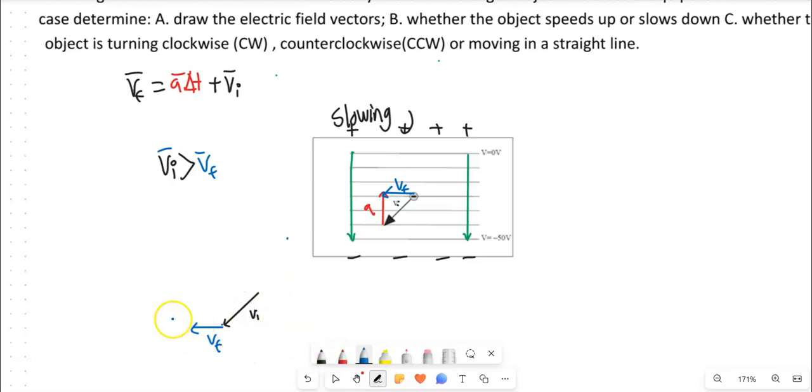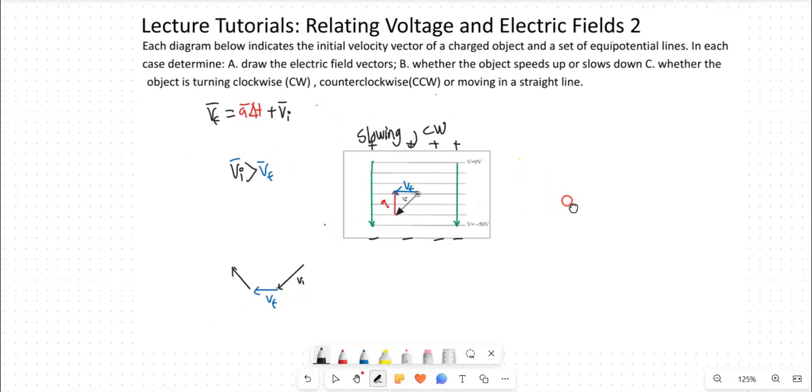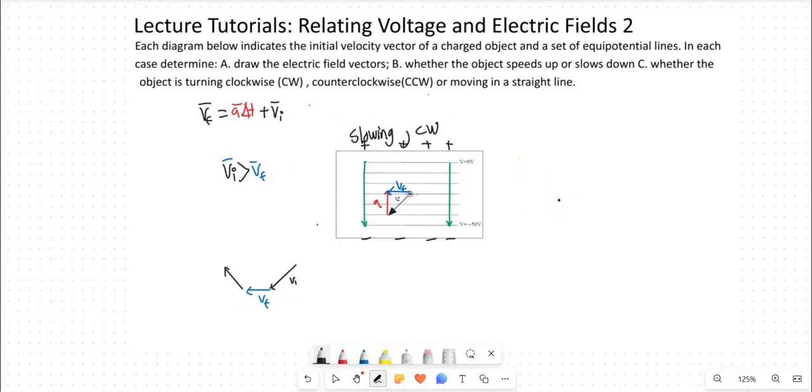And you could see that it's actually making a turning motion. I bet you later on it's going to begin turning upwards, going this direction. And so if you follow that path, that looks like it's going in a circle, which is clockwise. So this is just going to be clockwise. So that's how you approach page 2 in your homework. Okay?